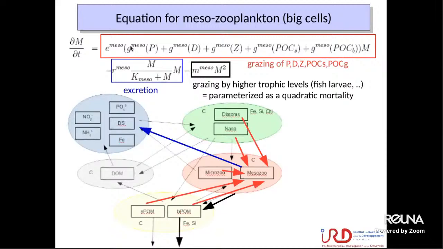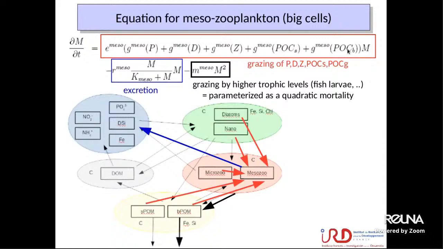Now, it will be relatively similar, but if we look at the big zooplankton, we also have a big grazing term here. It's even bigger than the one for microzooplankton because it grazes on nanophytoplankton and diatoms, but it also grazes on microzooplankton, and it grazes on both types of particulates, small particulates and big particulates.